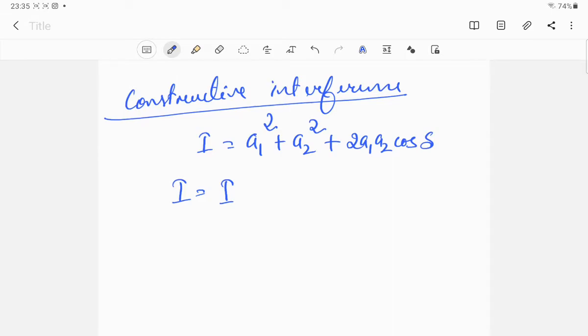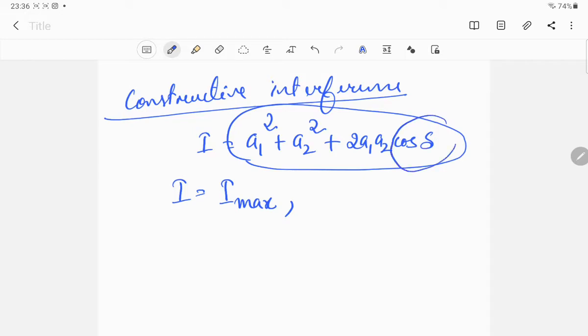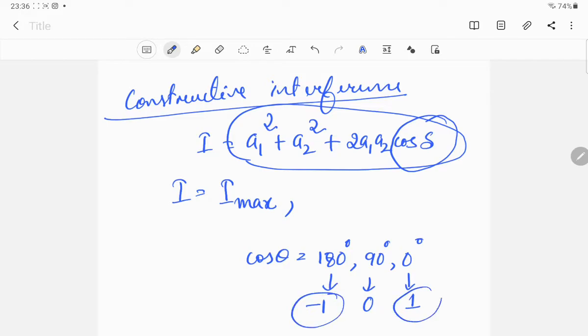Fine, that means if you want to make I equal to I max, this term should be equal to what? Cos delta. Whenever we talk about cos theta, cos 180 degree is -1, cos 90 degree is 0, and cos 0 degree is +1. So cos theta value can vary between -1 to +1.